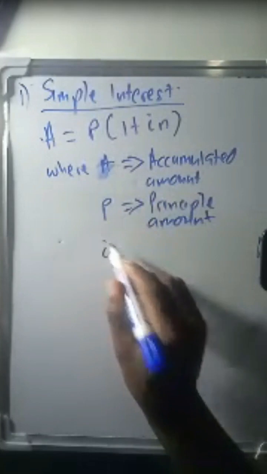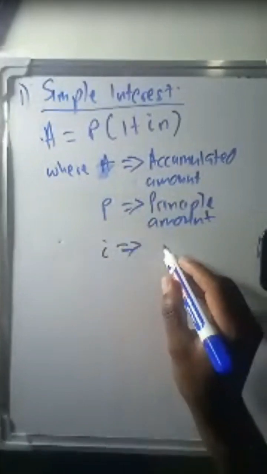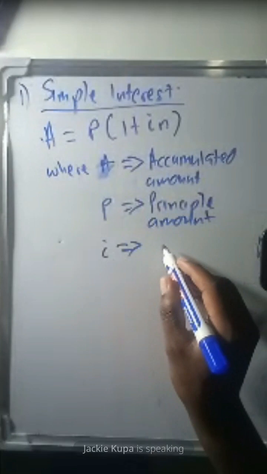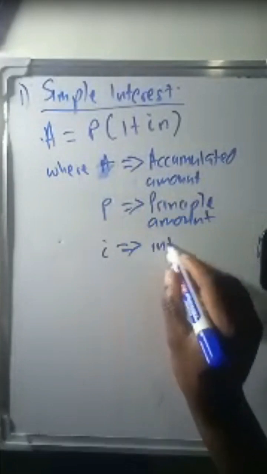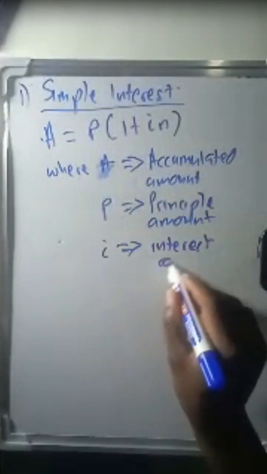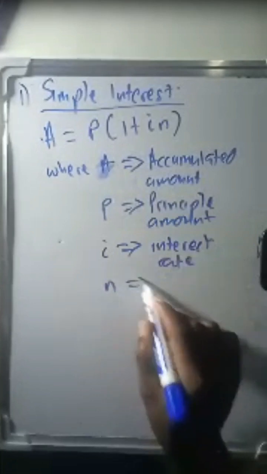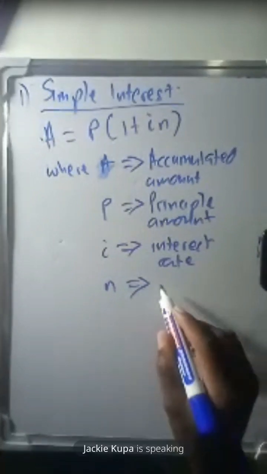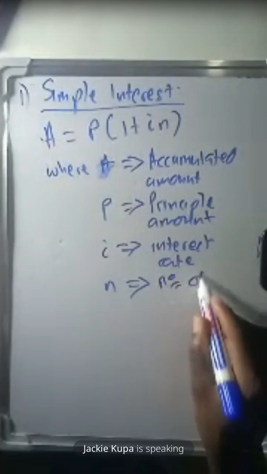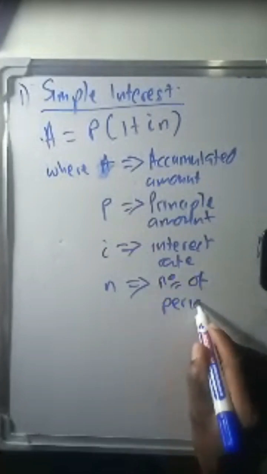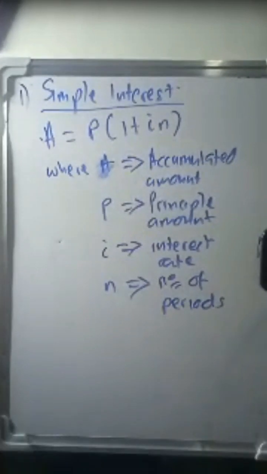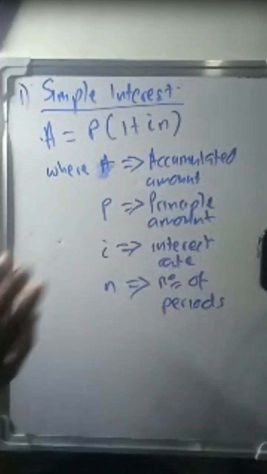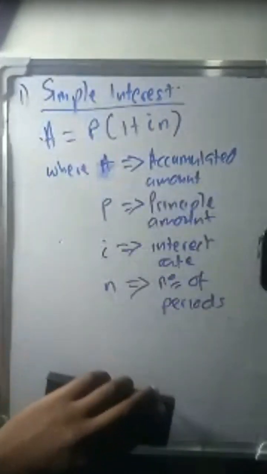Where i, what is i? Interest, that is the interest rate. Where n, what is n? It's the number of periods or number of years. Okay, so that is simple interest. This one I won't repeat again. Now we know what is A, what is P, what is i, and what is n.